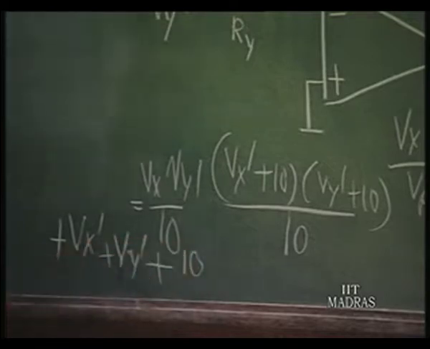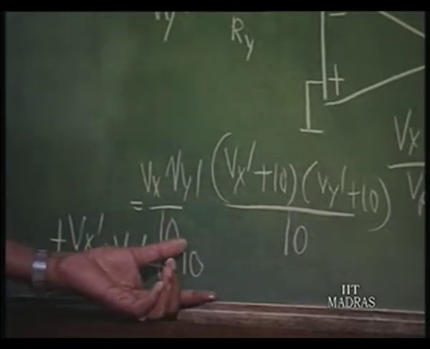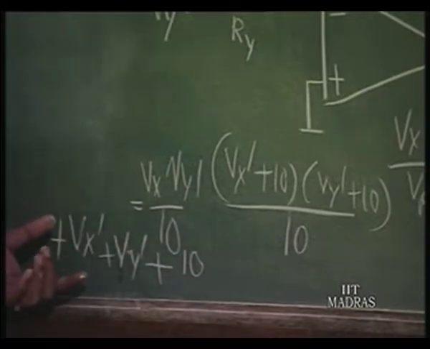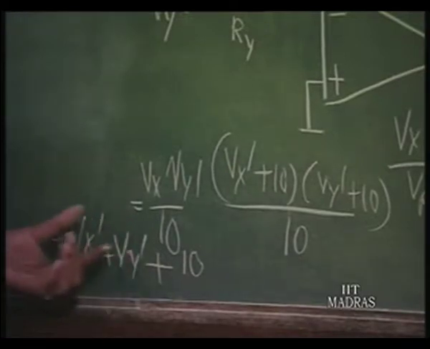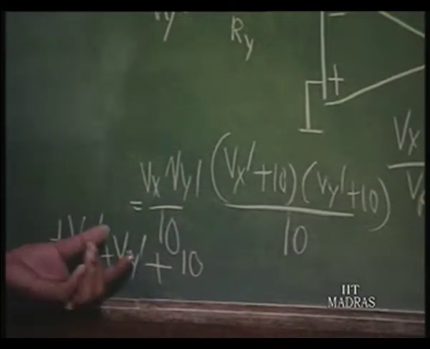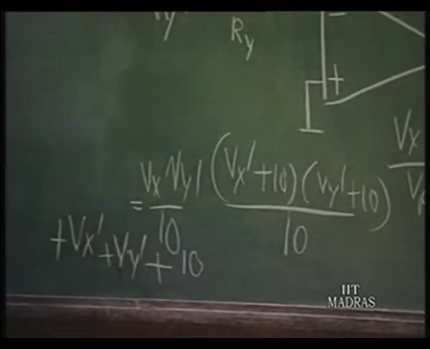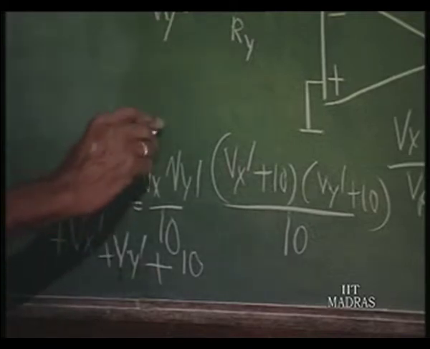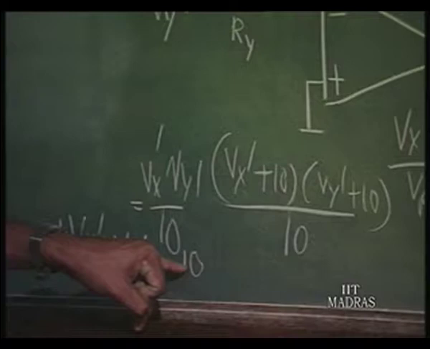So, this has the x feed through, y feed through and the offset, which can be subtracted, because we have already V x dash and V y dash as input to the multiplier. So, you subtract V x dash, V y dash and the DC offset 10 volts, then you will get at the output V x dash V y dash by 10 volts as the apparent multiplier.